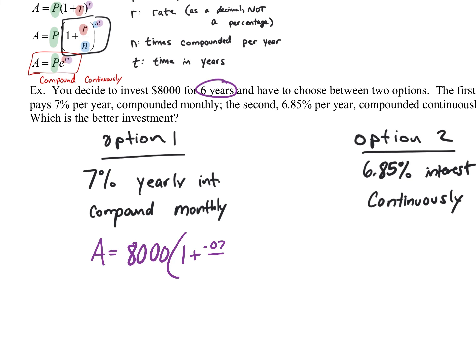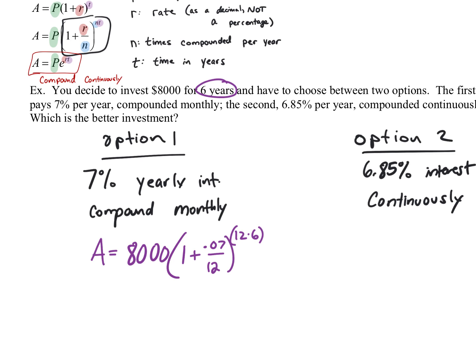Notice that I converted that to a decimal. We're not using percentage anymore. It's divided by the number of times we compound per year, 12, raised to the 12 times 6, right? In those 6 years, we compound 12 times per year. We end up raising this to the 72nd power.